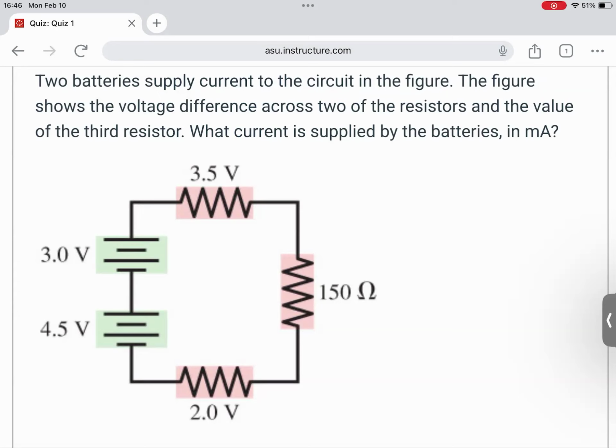Where are you stuck? Where's your partner confused? Anybody have a question? Yeah, please.